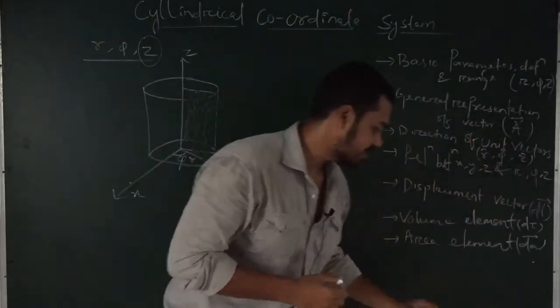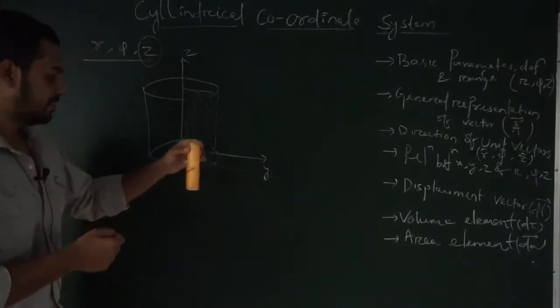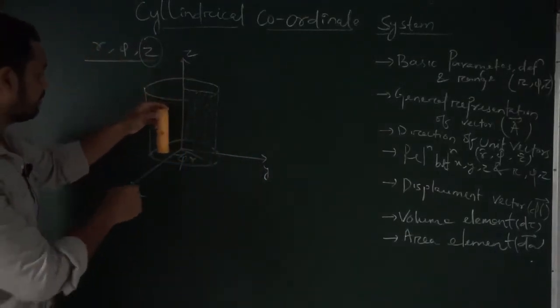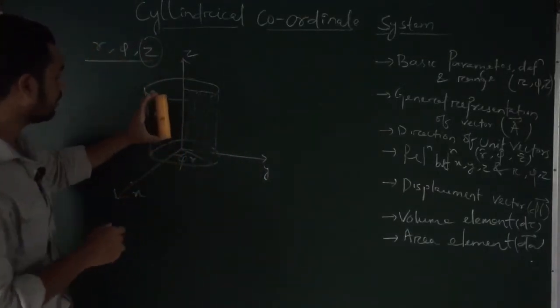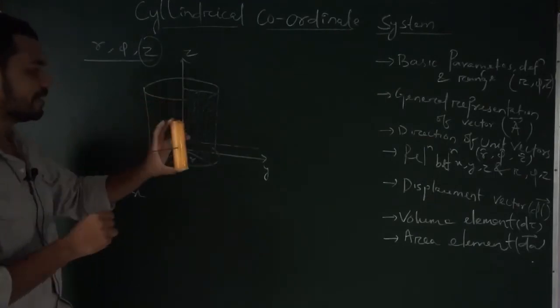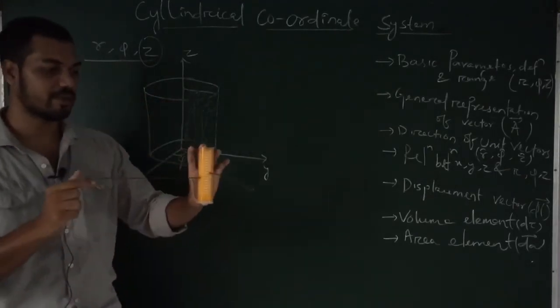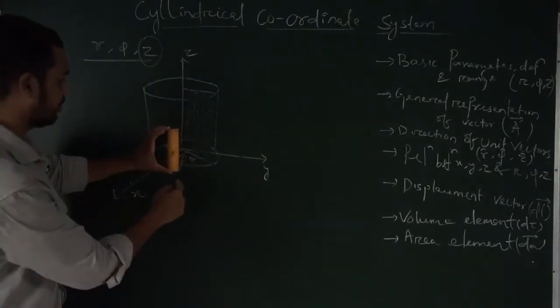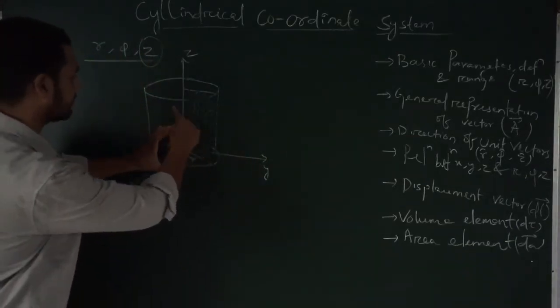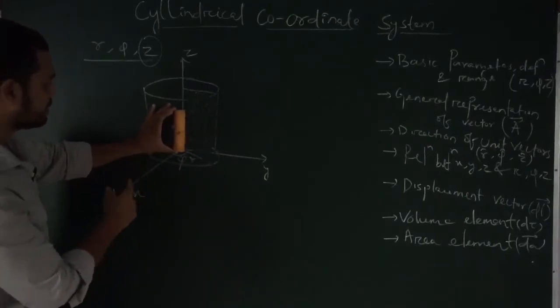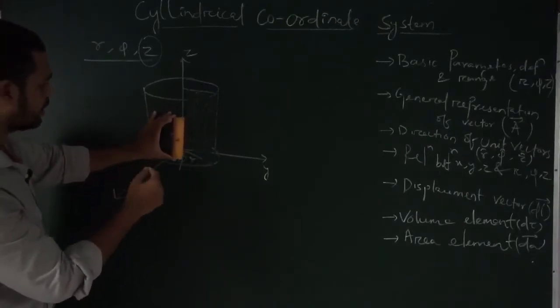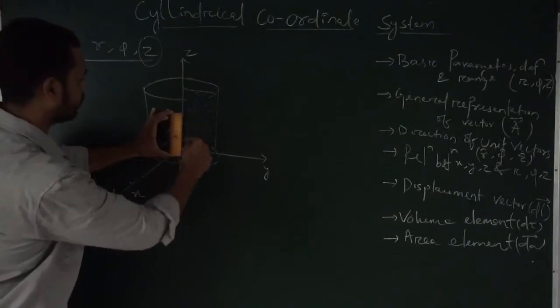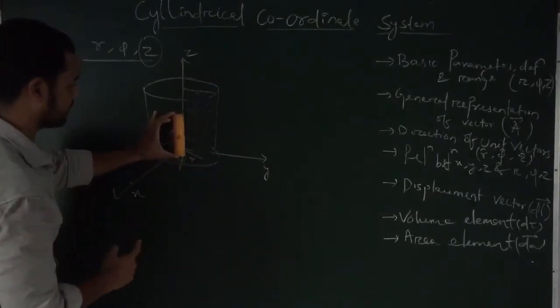For the best representation of this, I have found an example to visualize the cylindrical coordinate system. You can see this is your x coordinate, this is y coordinate and this is z coordinate. Just visualize this. These are the two bases and this is the curved surface.